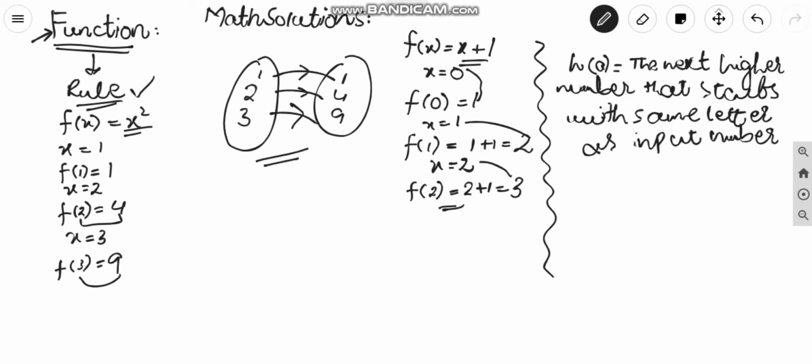This is a function that relates our variable, our given input, to the next higher number that starts with the same letter as the input number.